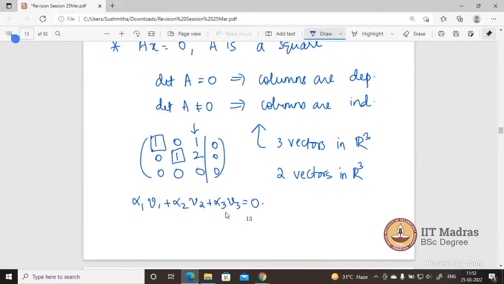Suppose they are in R3, then I will get 3 equations, one for each component. I want to find out whether alpha 1, alpha 2, alpha 3 are 0. If all 3 are 0, then it is a linearly independent set.